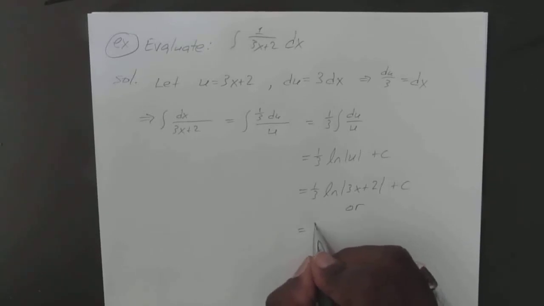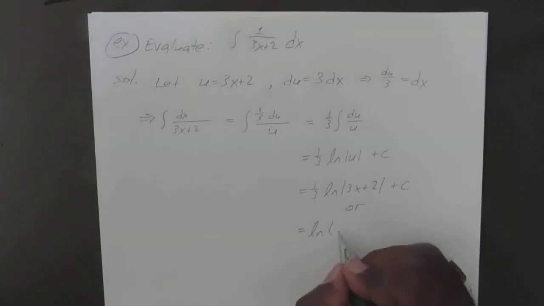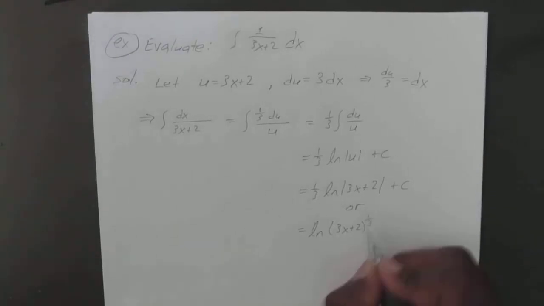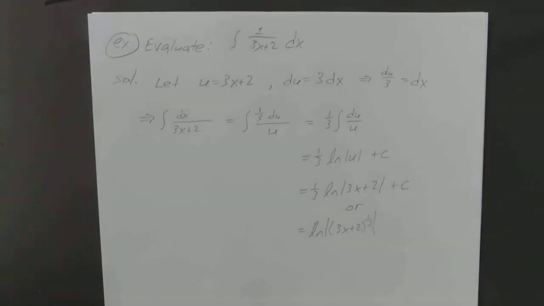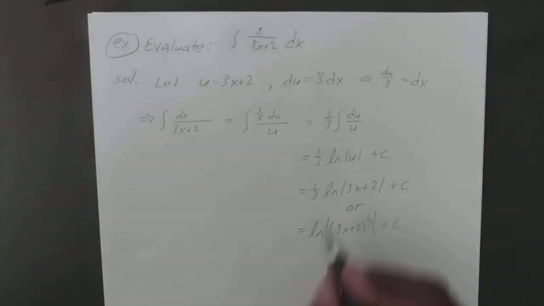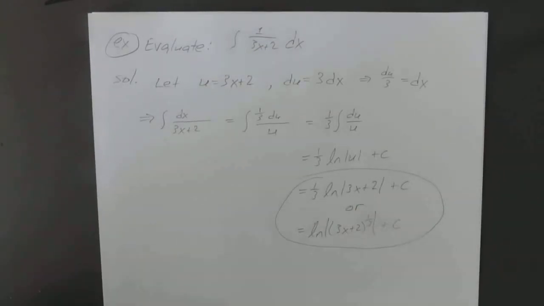Now, using the power rule for natural logs, you can bring that 1/3 up front, so you have the natural log of 3x plus 2 to the 1/3 power, and you can put that in absolute values if you want to, plus c. Either one of those would be okay. Any questions on this one?